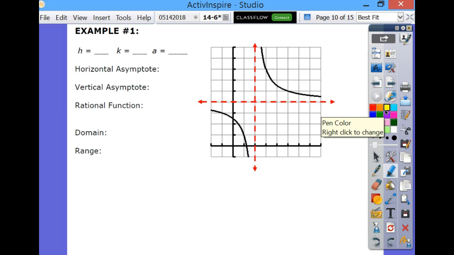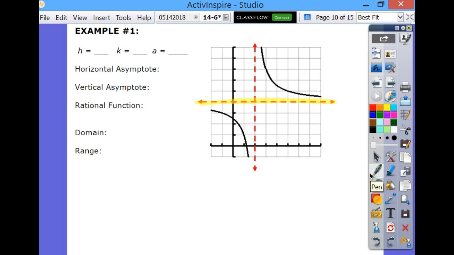Example number 1. On the graphs, I always start with the asymptotes. The asymptotes should be very obvious to you because we put dotted lines in there for you. So this is the horizontal asymptote.